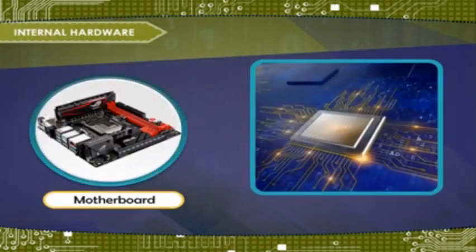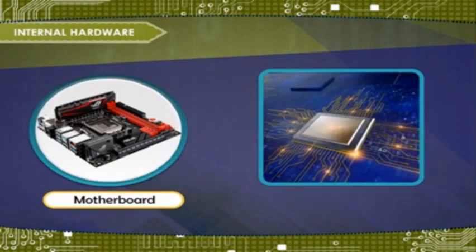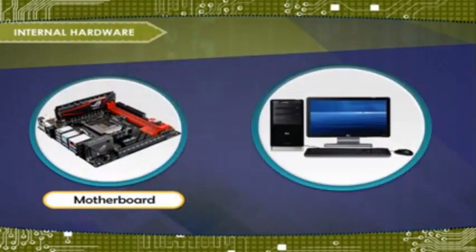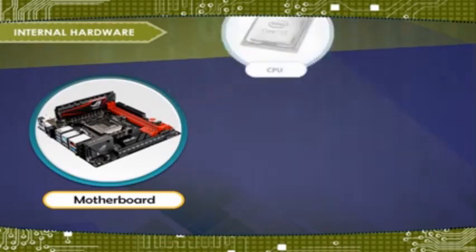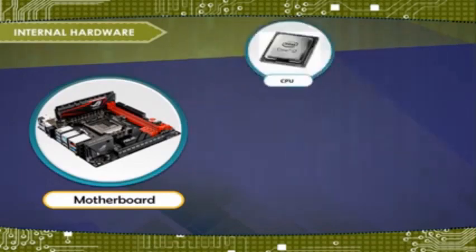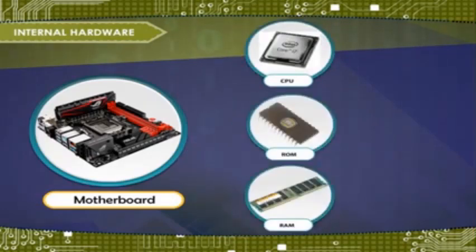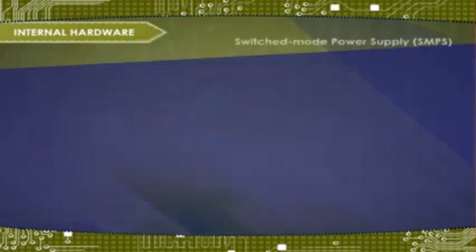Motherboard. A motherboard is the main printed circuit board or PCB found in general purpose microcomputers and other expandable systems. It holds and allows communication between many of the crucial electronic components of a system, such as the Central Processing Unit or CPU and memory, and provides connectors for other peripherals.